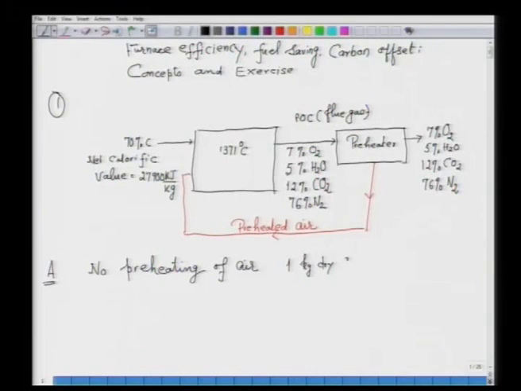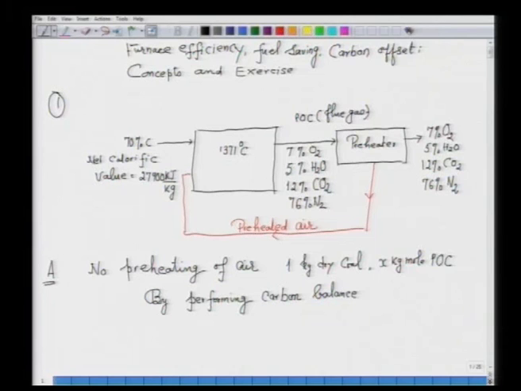Let us take 1 kg dry coal and let us consider x kg mole of products of combustion. Then by performing a carbon balance, we can calculate the amount of products of combustion.